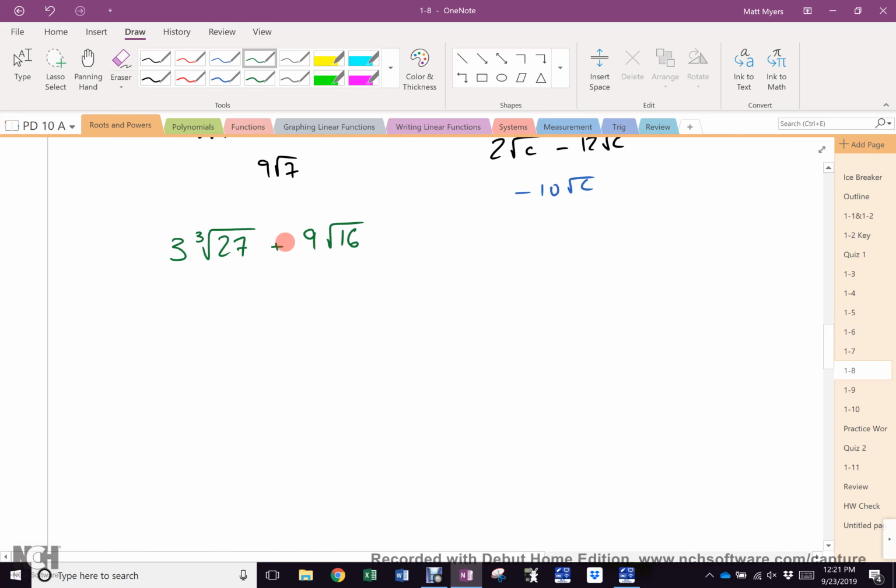So, when you see this, are you adding that? Yes or no? Are you adding those two? No. Some of you are saying no, because why? And a square root.